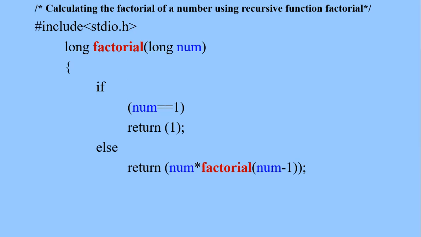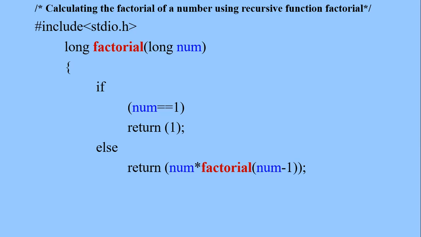Factorial of 6. So simply, what this return statement means is: pick what you have received, store it in the memory location called num, then multiply that content by the factorial of the content minus 1.